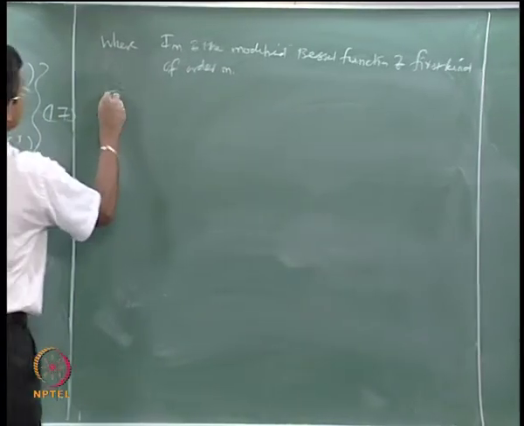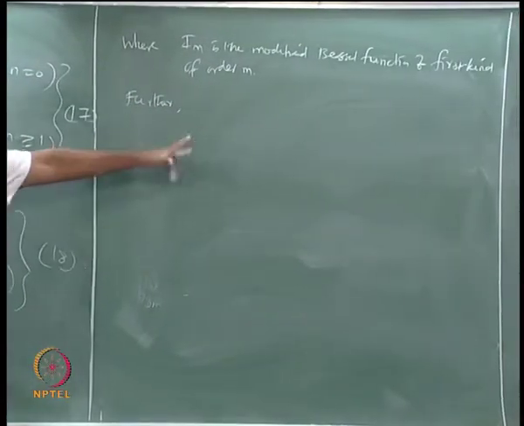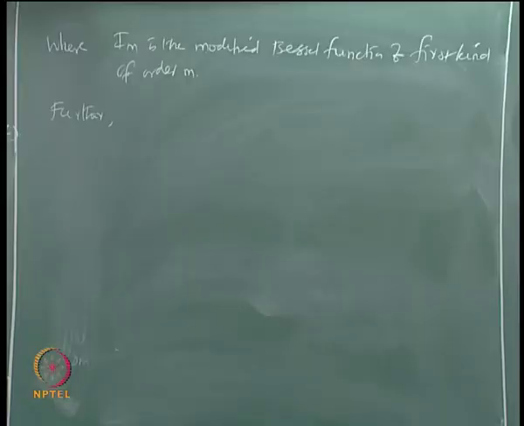Further, we also need the alphas in this case, alpha, beta and gamma, these are arguments.